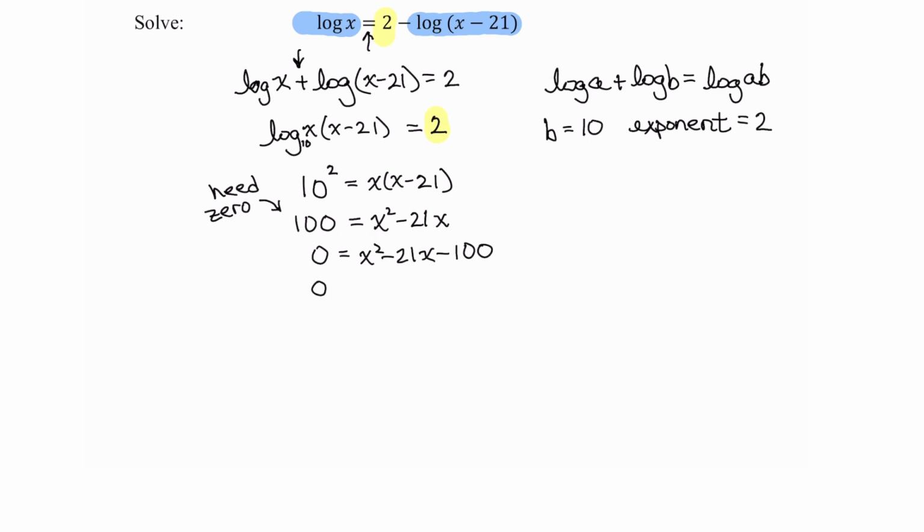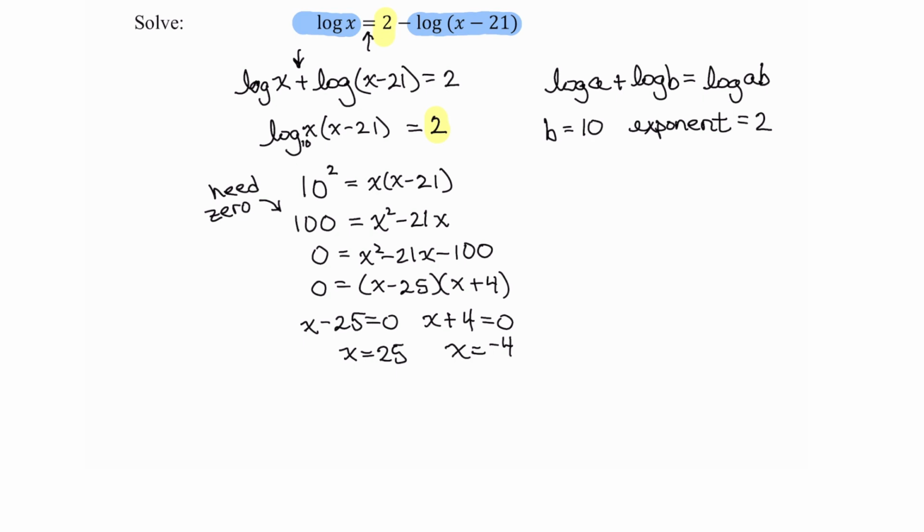Well, those numbers are negative 25 and positive 4. So I have x minus 25 times x plus 4. Setting each factor equal to 0, I get x minus 25 equals 0 or x plus 4 equals 0. So x equals 25 is a possibility, x equals negative 4 is a possibility.